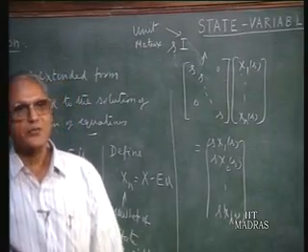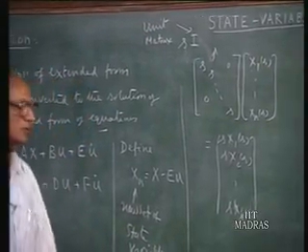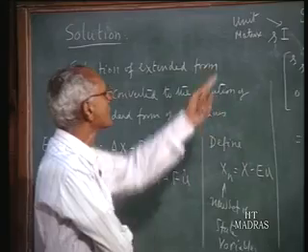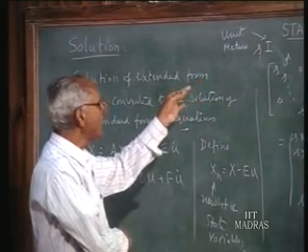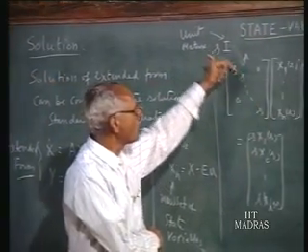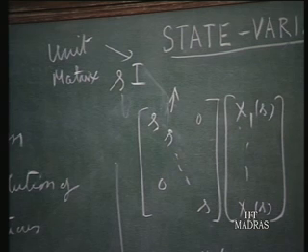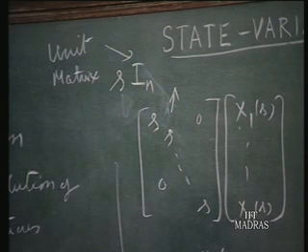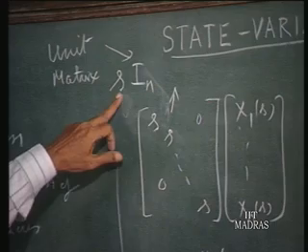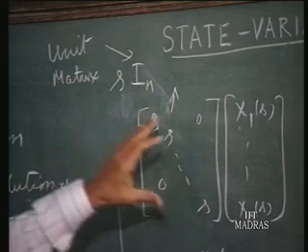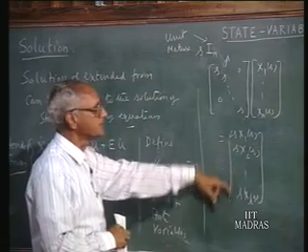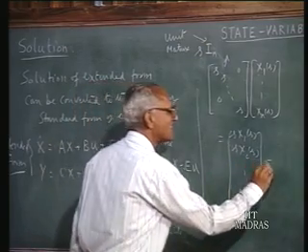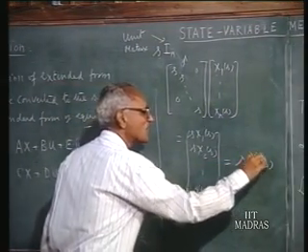You find in literature the unit matrix is also indicated as U, but since we are using U for something else, we use I. To say that it is a unit matrix of dimension n, sometimes people write In, but we will simply write I, because we are not writing the dimensions for the other quantities as well. Therefore s times I gives you this quantity, and that is exactly s times x of s. This is what we have here.